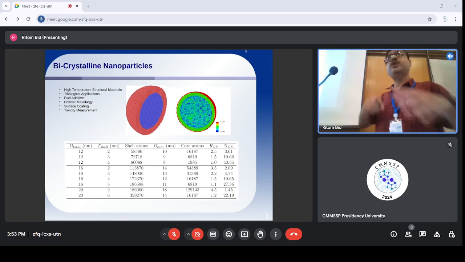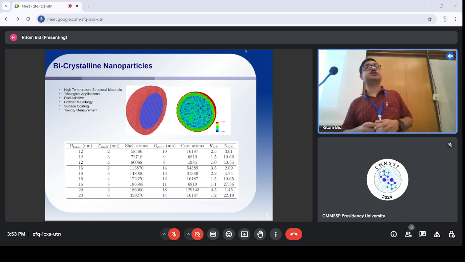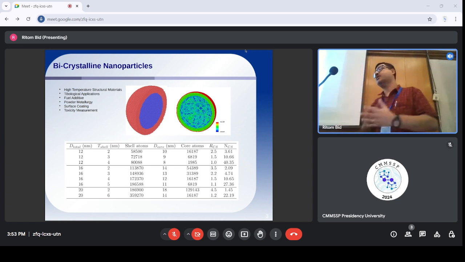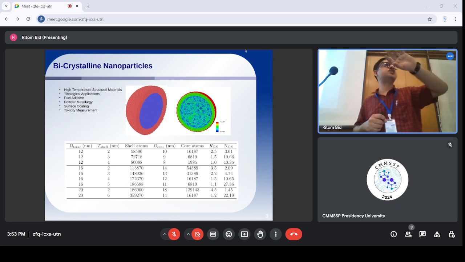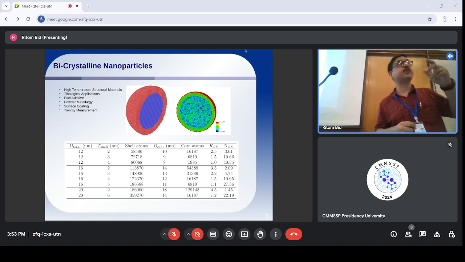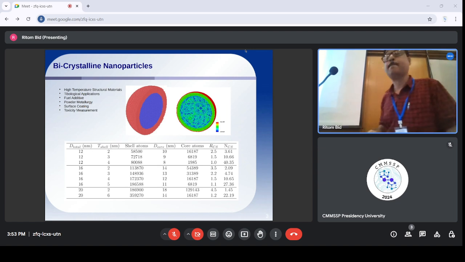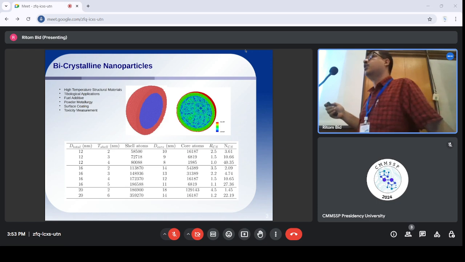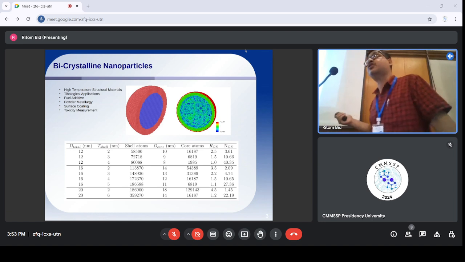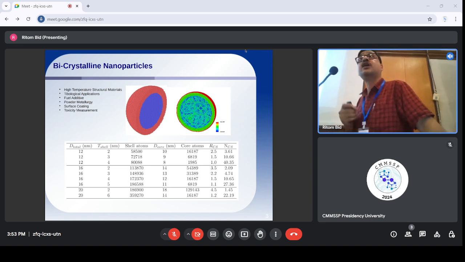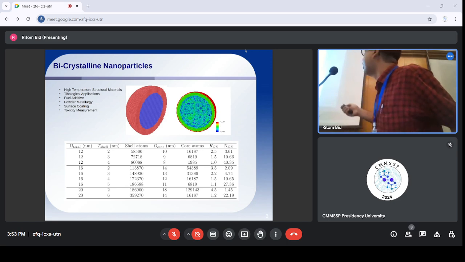So the way we develop it is atomistic simulations. We have a nickel nanoparticle, and then we remove a chunk of atoms from the center of it and put aluminum into it. Both aluminum and nickel are FCC systems, and the orientation of both FCC systems remains the same.